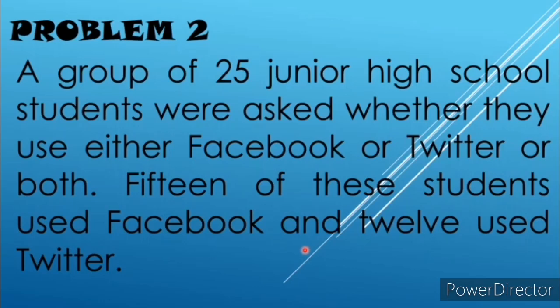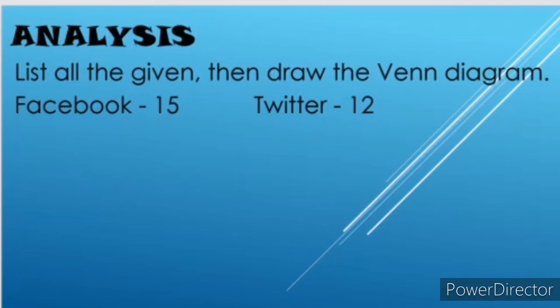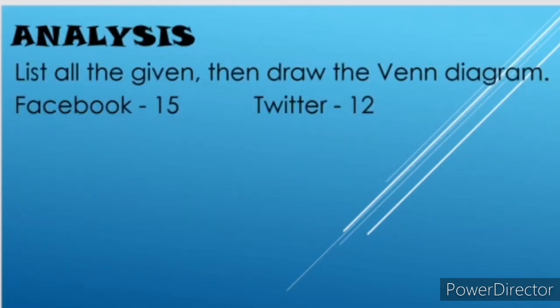Next, problem number 2. A group of 25 junior high school students were asked whether they use either Facebook or Twitter or both. 15 of these students use Facebook and 12 students use Twitter. Ayan. So, para mas maintindihan natin, let's write all the given and then draw the Venn diagram.